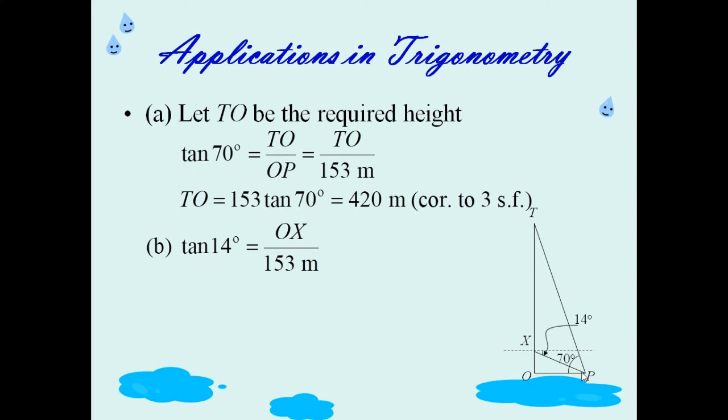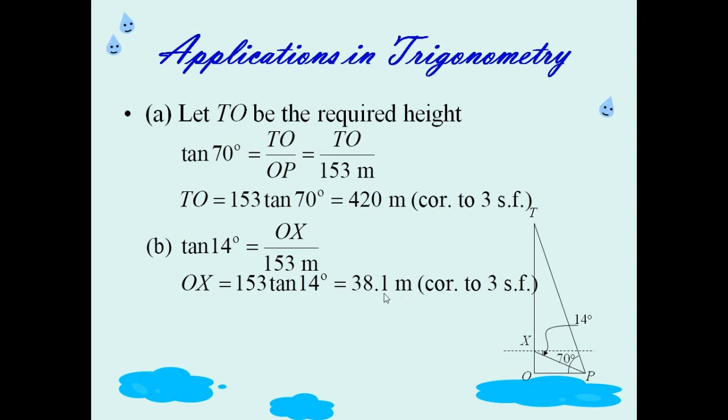According to this right angle triangle, I can calculate OX, which is the opposite side of this angle, and this angle is the same as this one. So OX is the opposite side, and 153 is the adjacent side. Using opposite over adjacent is the tangent, we can calculate OX, which is 38.1 meters.